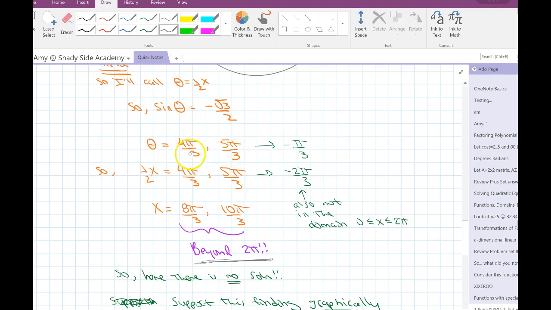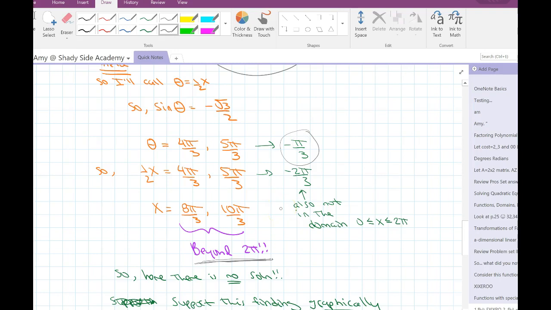Then I asked myself, since when I multiply by 2, this angle gets big and past 2 pi, well, what is the next smallest angle before 4 pi over 3 that would have a sine of negative radical 3 over 2? And that's where I got the green from.